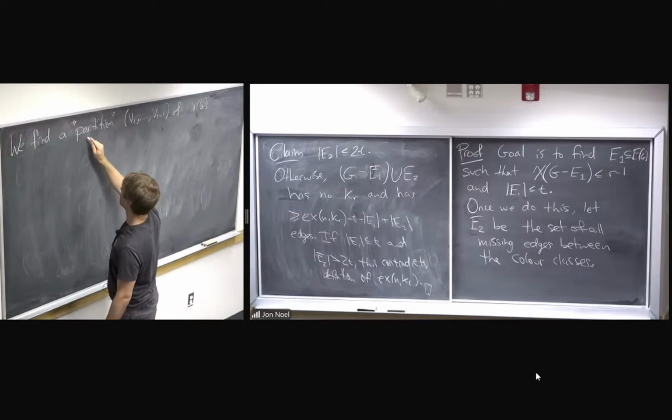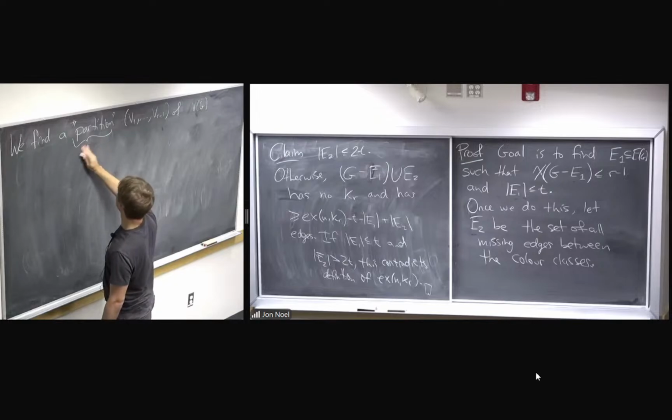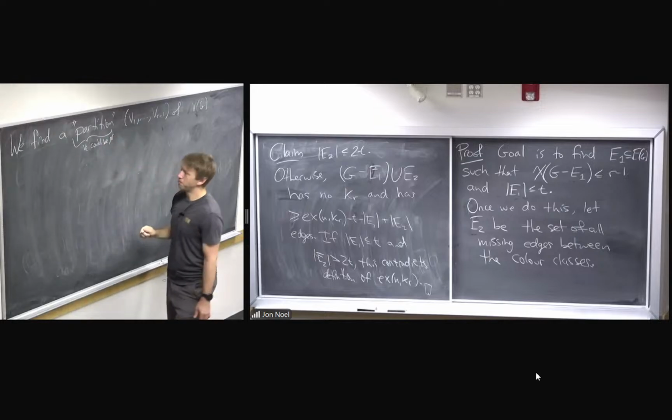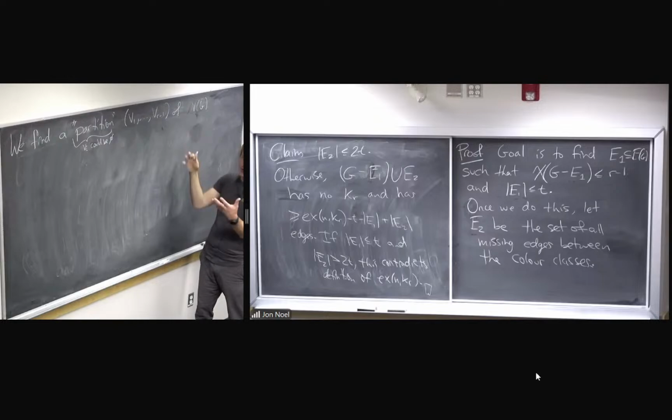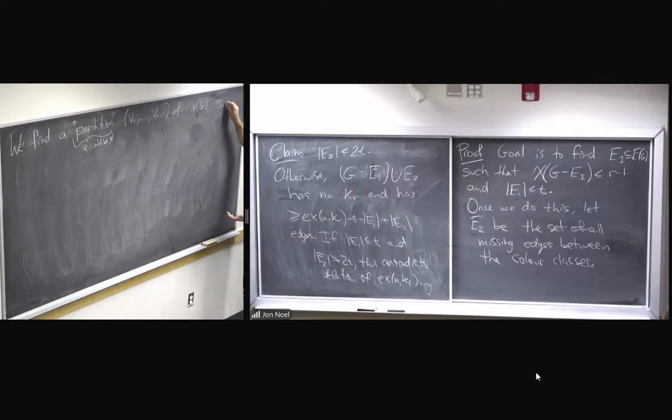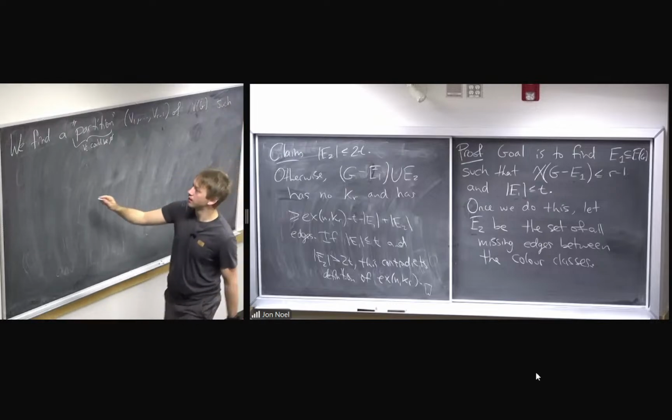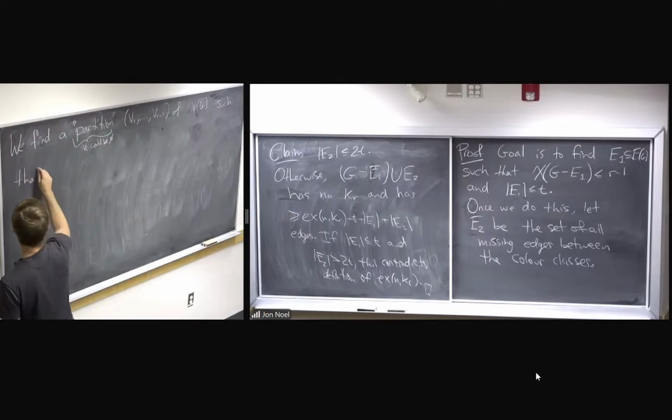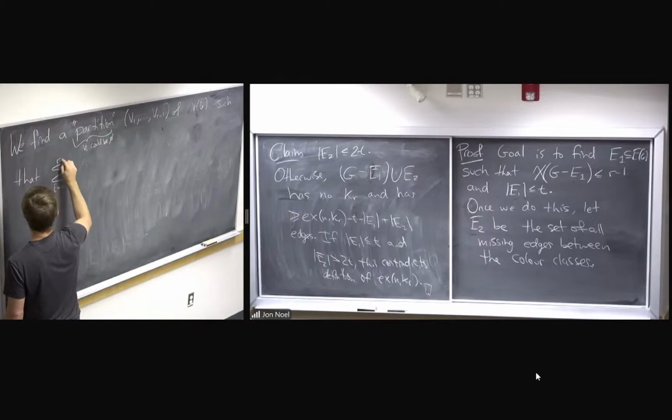I don't know if partitions have to have non-empty sets or not, but the Vi could be empty, and they're disjoint and they cover the vertex set, such that the sum for i equals 1 to r minus 1 of e(Vi) is at most t.